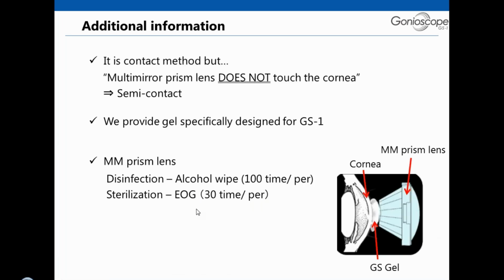For sterilization, I said to use EOG, ethylene oxide gas. An autoclave cannot be used for the gonio lens because the temperature is too high and the multimirror prism's coating will be damaged. So please do not use autoclaving for sterilization.